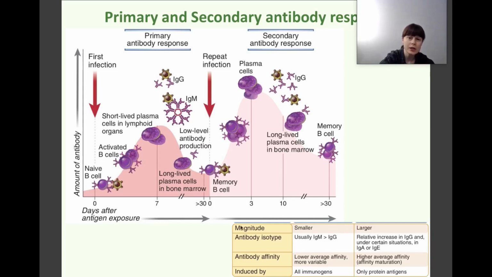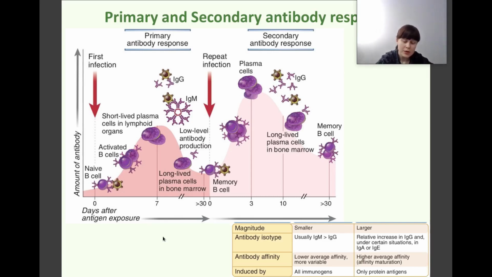Primary antibody response is shown here and secondary antibody response demonstrated here. Primary responses result from the activation of previously unstimulated naive B cells, whereas secondary responses are due to the stimulation of expanded clones of memory B cells or T cells.